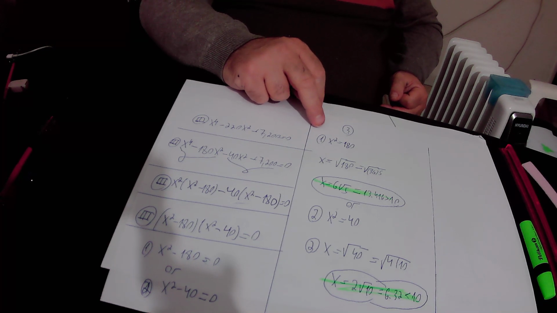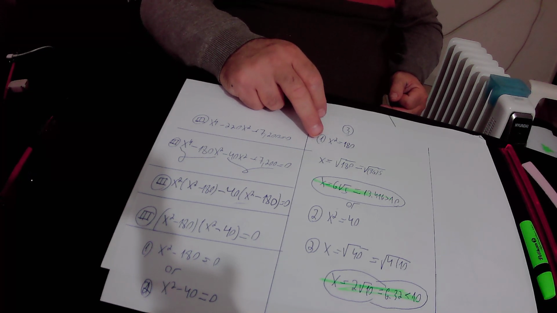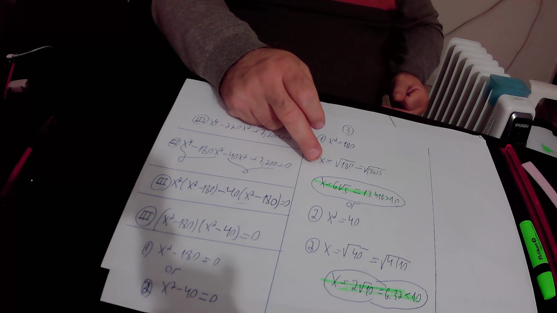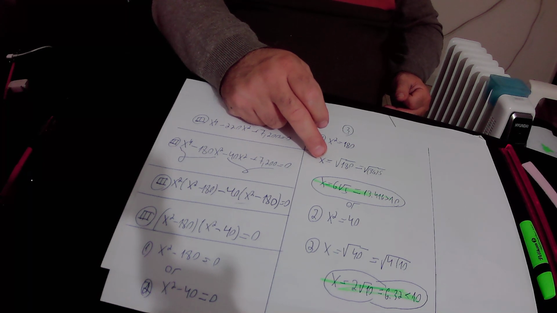We took the square root of this equation and we got that x equals the square root of 180. 180 is 36 times 5, and the square root of 36 is 6. So in conclusion, according to this solution, x equals 6 times the square root of 5, that is actually 13.416 units, that is greater than 10.